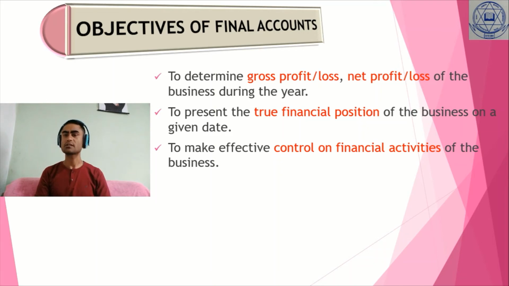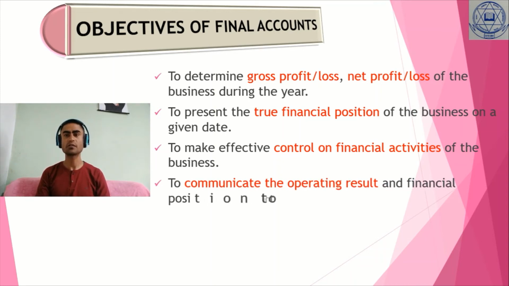Businesses perform various financial activities, and those activities should be controlled. Next, to communicate the operating result. Operating result means whether it's profit or loss of the business organization, which should be communicated to the concerned officers to make different plans and policies.